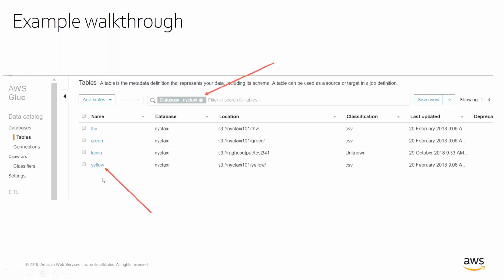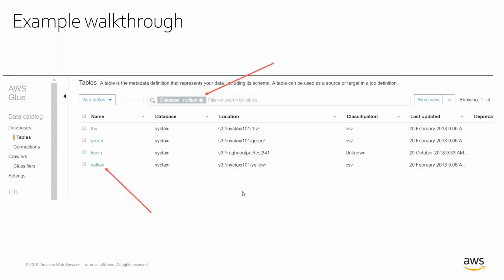So the first arrow basically tells us that this table, yellow table, is underneath a database, and let me call this thing quote unquote database, okay? It's not a real database because you have to remember this is a metadata store. So think of this database like, if you're familiar with Hive, Hive has this concept of a schema, right? So this is like a schema, a way to separate things out.